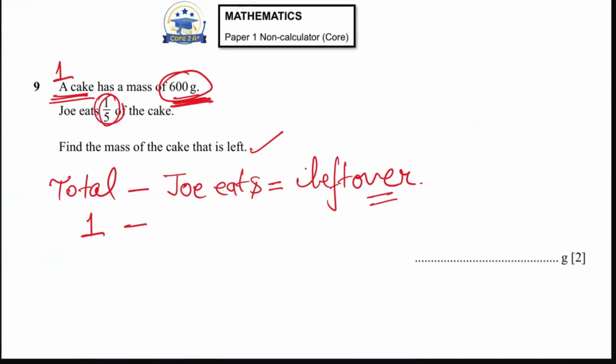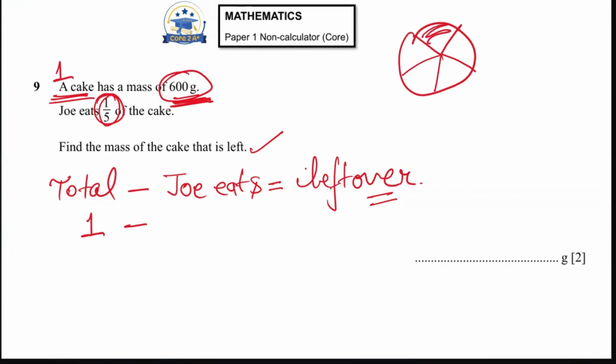And 1/5. So it means, I think you all know 1/5 is what? Sorry, it doesn't look equal. All parts must be equal. 1, 2, 3, I think.